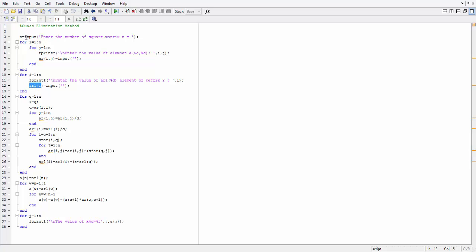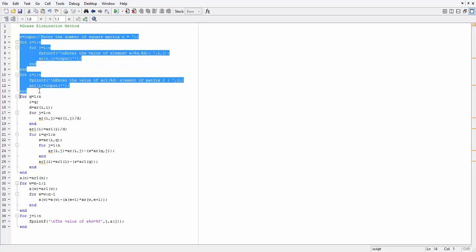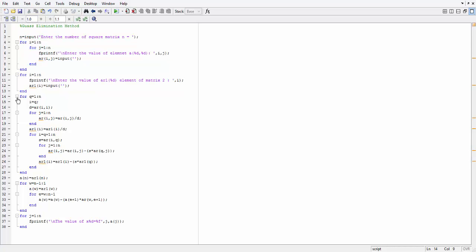So from here to here what we have done is form two matrices. After this we come to this loop. Now what do we do after forming the matrix? We ensure that all the diagonal elements are 1 and we form a lower triangular matrix, that is, the lower portion should have 0. So here we are ensuring that the first term of the first matrix becomes 1.